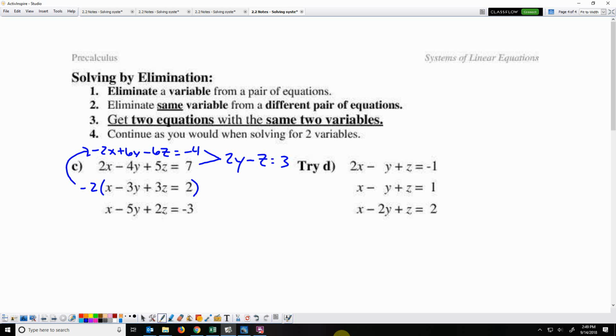I want another equation down to a y and a z. So I've got to eliminate x's from another pair of equations. I haven't used this bottom equation yet, so I have to now. And I can choose to use it with either of the two equations above. So let's just use the top one again. I'll multiply this by negative 2 and get negative 2x plus 10y minus 4z equals 6.